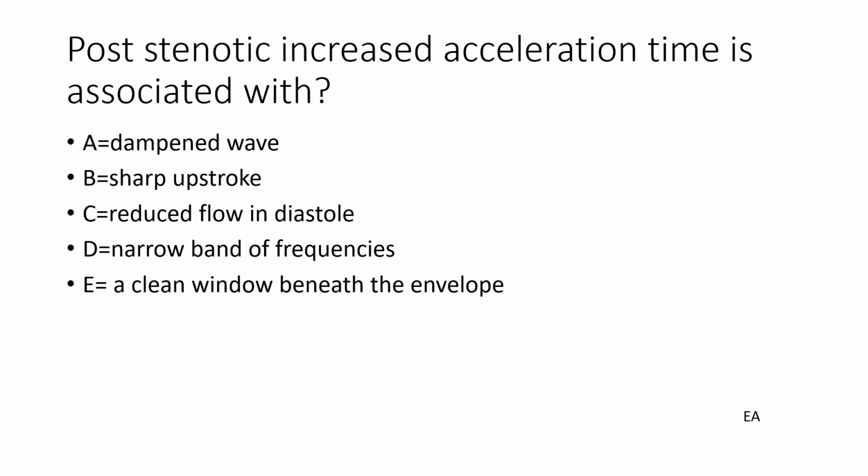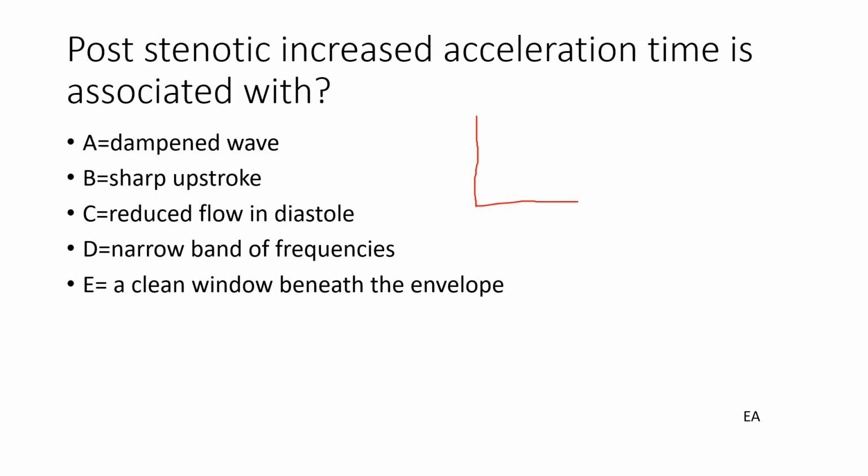Post-stenotic increased acceleration time is associated with dampened wave, sharp upstroke, reduced flow in diastole, narrow band of frequencies, a clean window beneath the envelope. It means we have velocity or frequencies, and we have x for time.